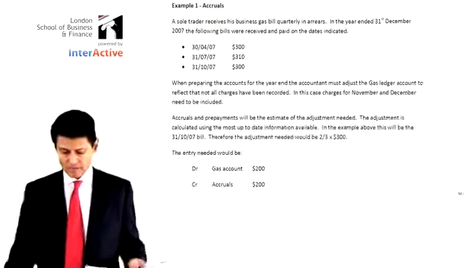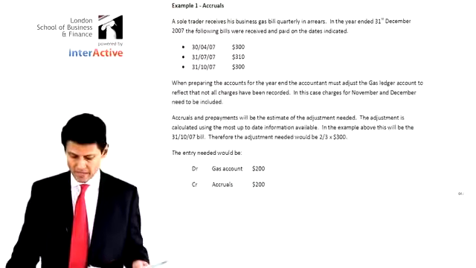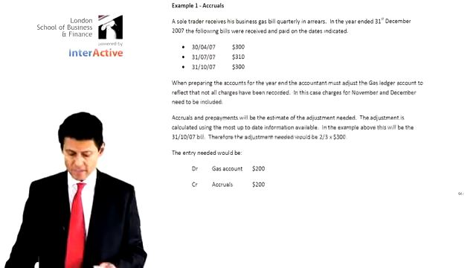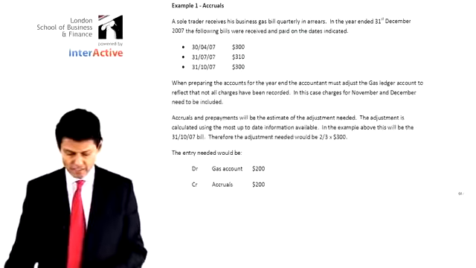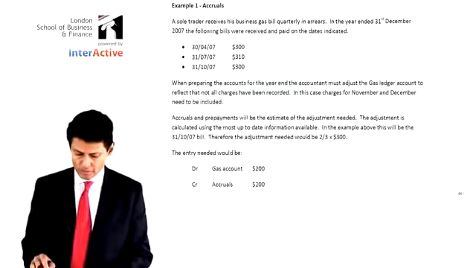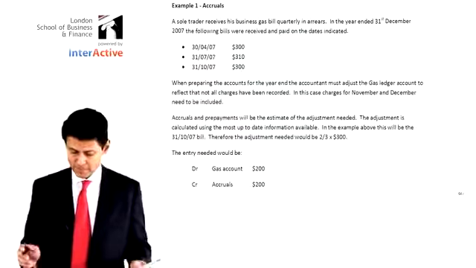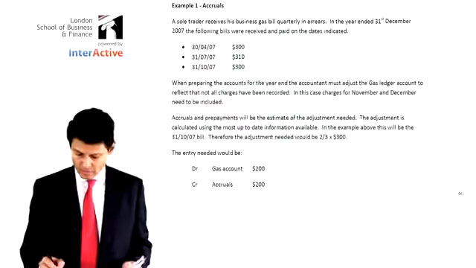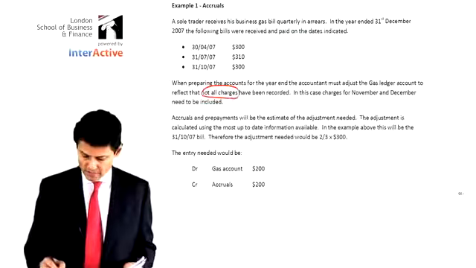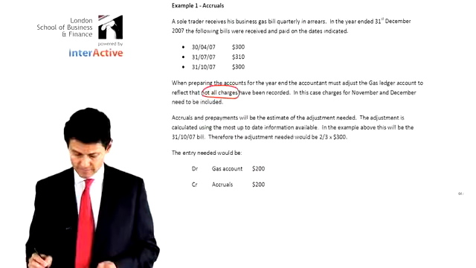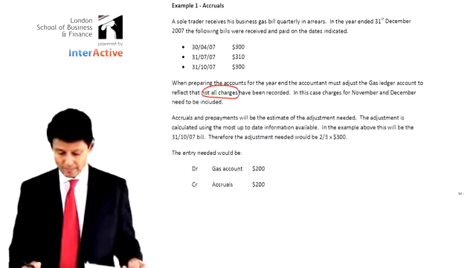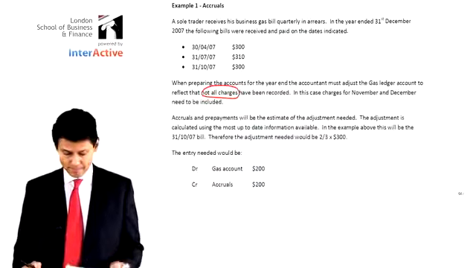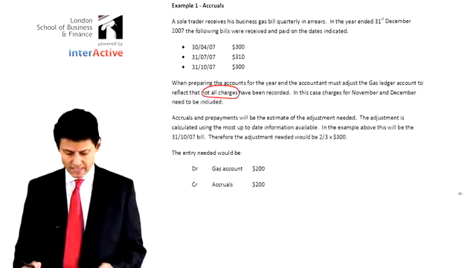So we have 300, 310 and 300. When preparing the accounts for the year end, the accountant must adjust the gas ledger account to reflect that not all charges have been recorded. In this case, charges for November, December need to be included. You see?